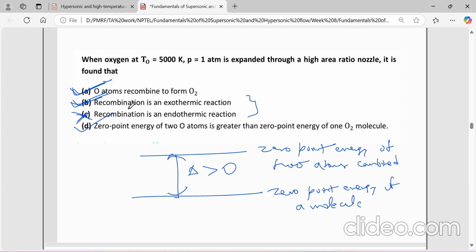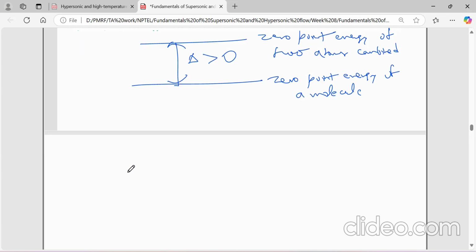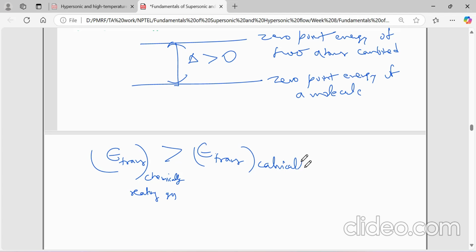So what happens is that due to the expansion, the recombination of atoms happens, and as recombination is an exothermic reaction, this energy of the reaction will go to translational and rotational modes also, due to which the energy in the translational mode for this chemically reacting gas will be greater than the energy in the translational mode for the calorically perfect gas.